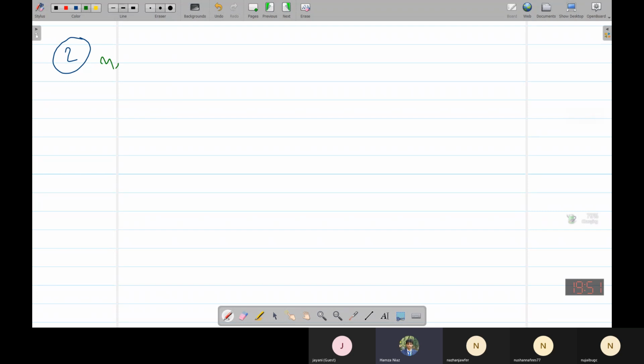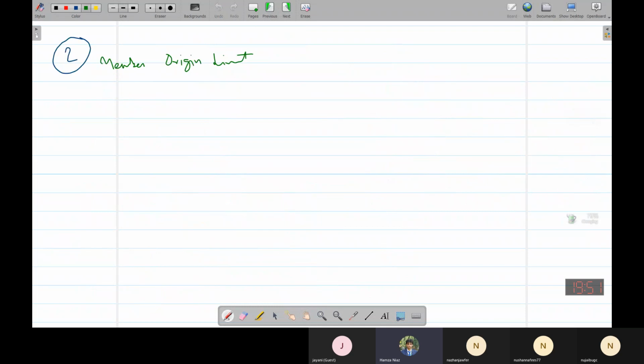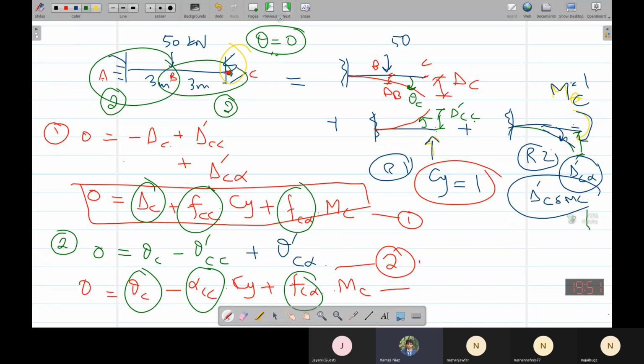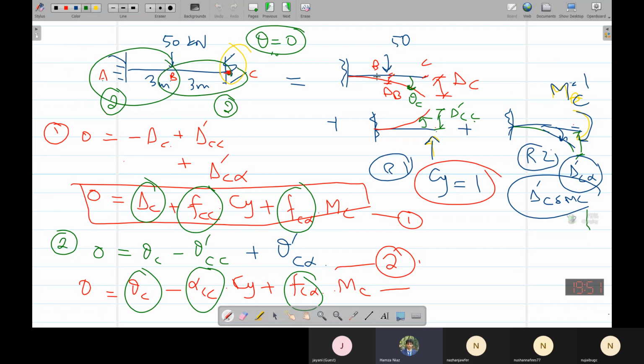Something like this: member, origin, limit. For example, the first member would be AB, and the second member would be BC. We can take the limit as any.